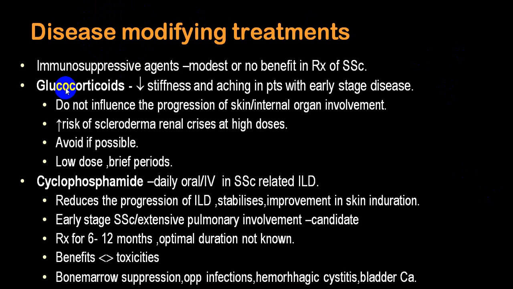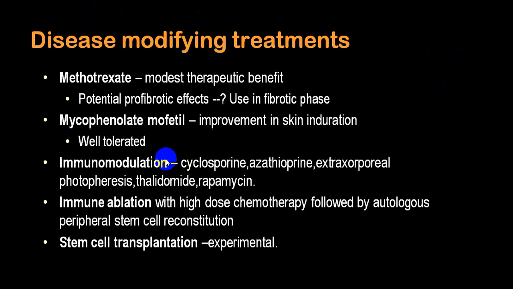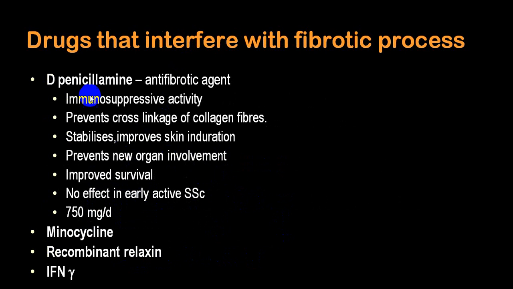Most commonly glucocorticoid is very frequently utilized, and cyclophosphamide, and occasionally methotrexate. Methotrexate is not so prominent. Immunomodulation can also be utilized using azathioprine, cyclosporine, etc. Or you can go for immune ablation by high dose chemotherapy. Stem cell transplants are also being done, but they are on experimental ground.